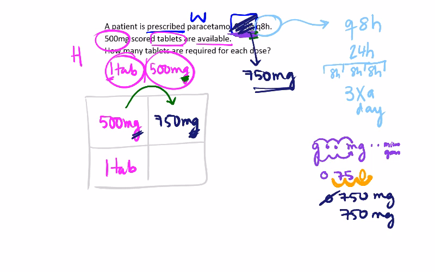Let's see, 1 times 500 is 500, half of 500 is 250. 500 plus 250, yes, 750. So that means this one tablet here would need to be multiplied by 1.5 as well.